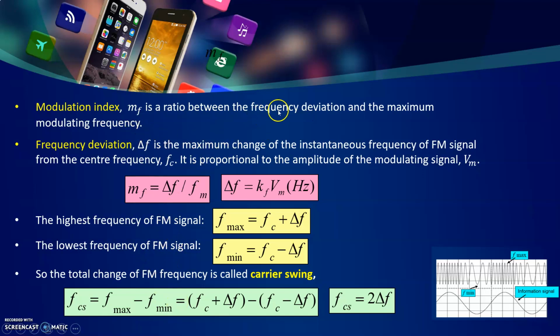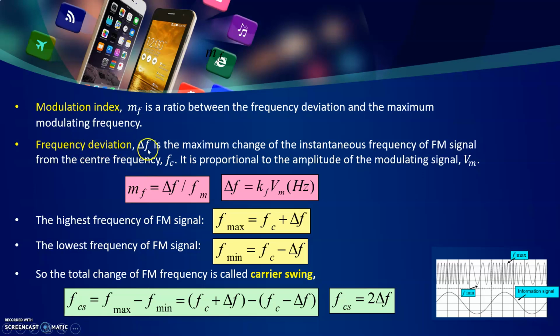We have a new term here, frequency deviation, and this is its symbol. The maximum modulating frequency is Fm, the frequency of the modulating signal or information signal. The ratio between frequency deviation and modulating frequency produces the modulation index.